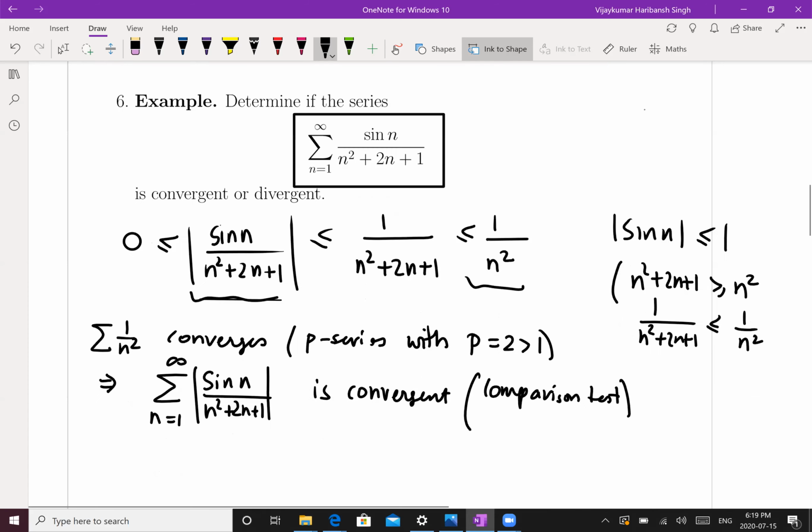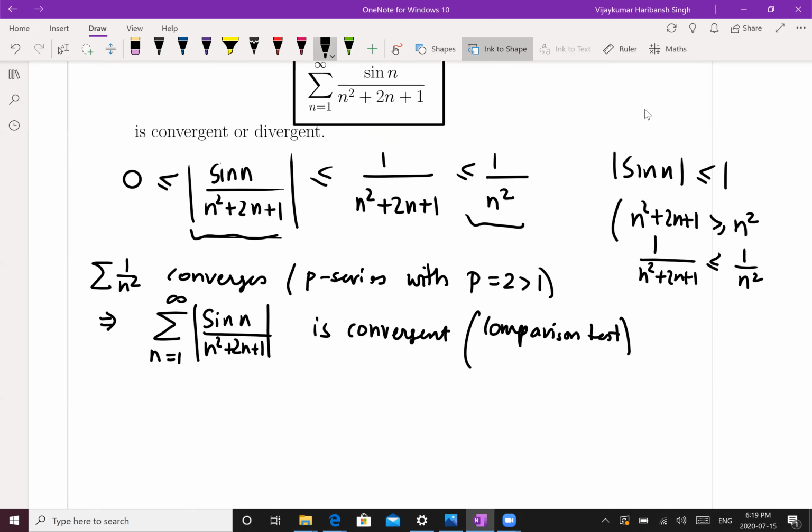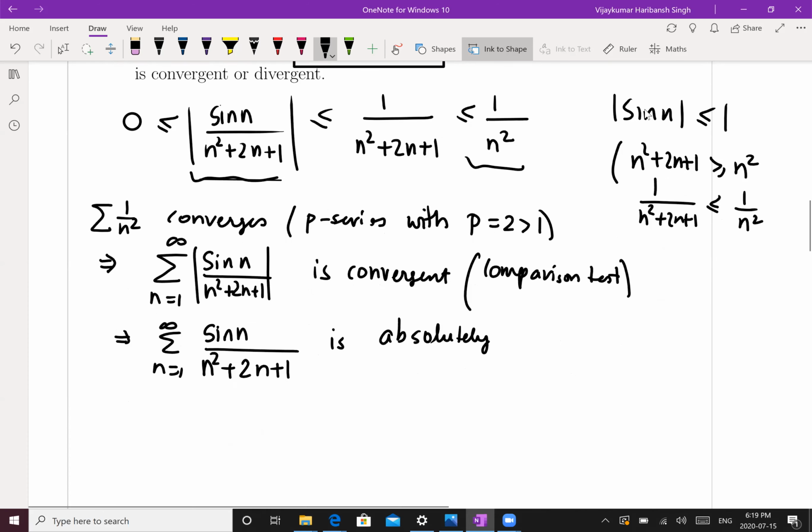But being convergent like this means what? This implies the summation n equals 1 to infinity of sine n over n square plus 2n plus 1 is absolutely convergent. Because after all, we are trying to establish this for this series here, right? So this is absolutely convergent.